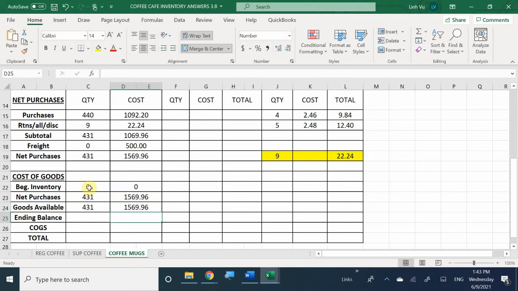So therefore, my goods available is going to be 431 cups at a total cost of $1569.96. The goods available would be the beginning inventory plus the net purchases, right? Correct.